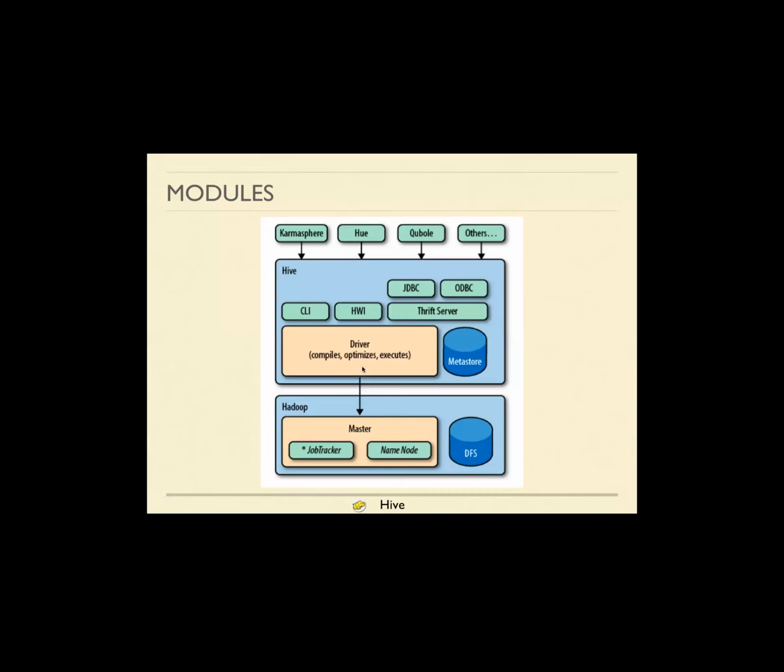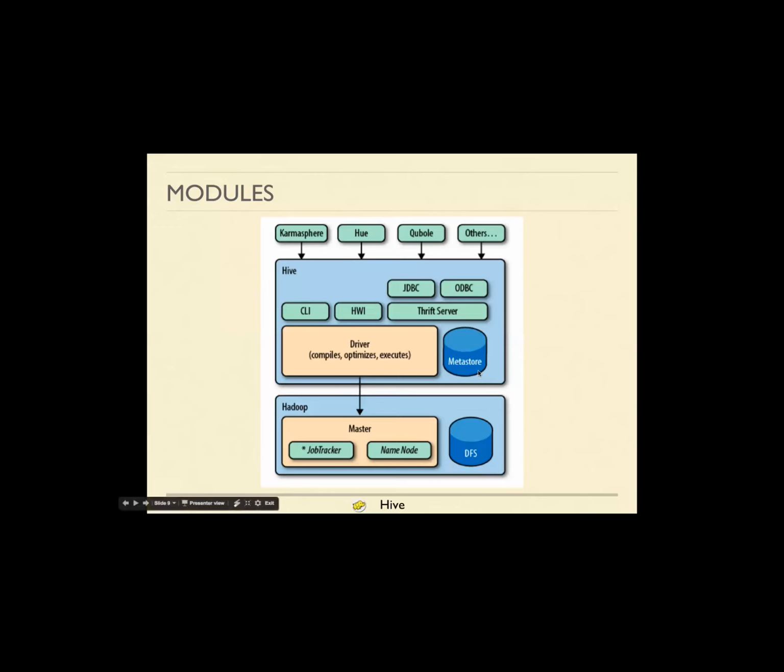So Hive's driver is the one which consults the Metastore. Whenever we are saying select movie ID, comma average of the rating from the table, when we are saying that query, this driver is consulting the Metastore, checking if such a table exists. If it exists, where is the data?